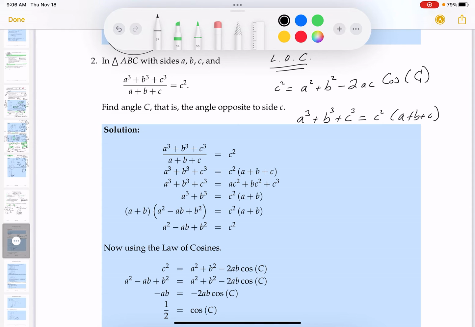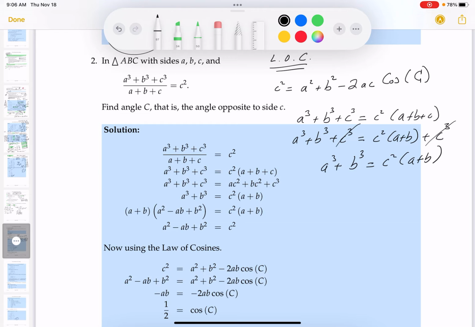And, well, you know what? I'm seeing something now. I'm seeing A cubed plus B cubed plus C cubed is equal to C squared times A plus B plus C. So now I'm seeing that A cubed plus B cubed, right, I'm taking C cubed from both sides, by the way, is equal to C squared times A plus B. All right?